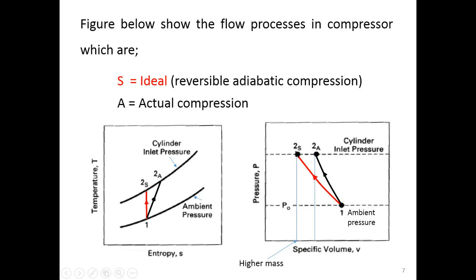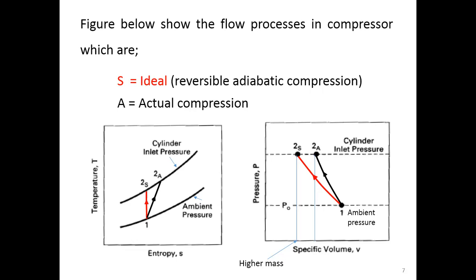The same as when we draw the actual process, in the direction of decreasing the specific volume due to compression. It's common sense. When you compress, the air is denser.